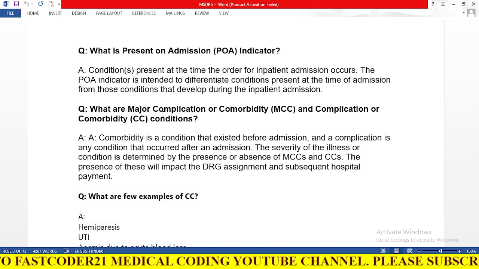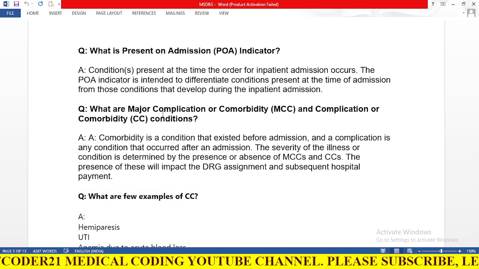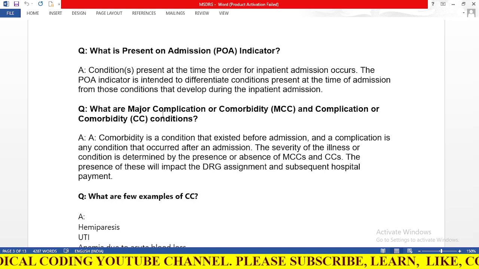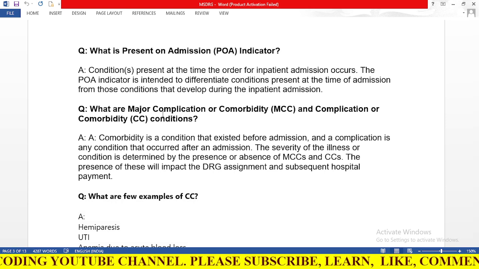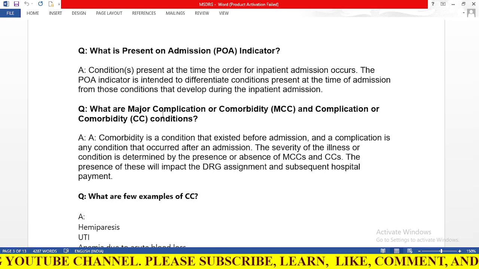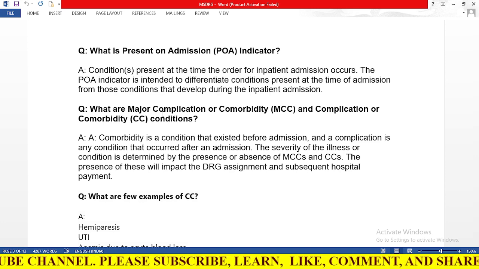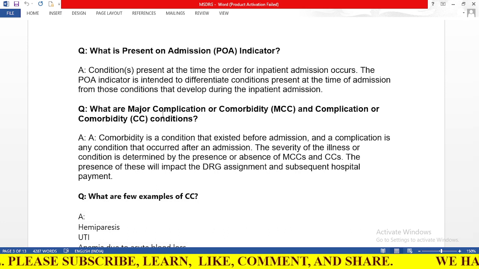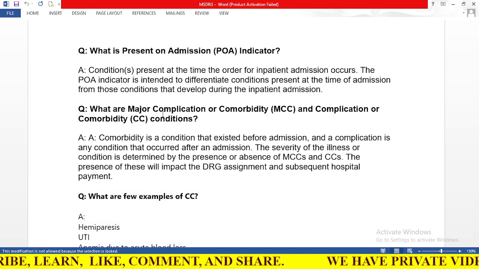The POA indicator is intended to differentiate conditions present at the time of admission from those conditions that develop during the inpatient admission. So it will divide the conditions of the patient during the hospital stay. POA indicators have some requirements, which we will learn now.